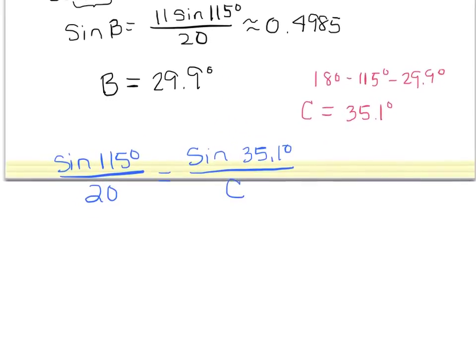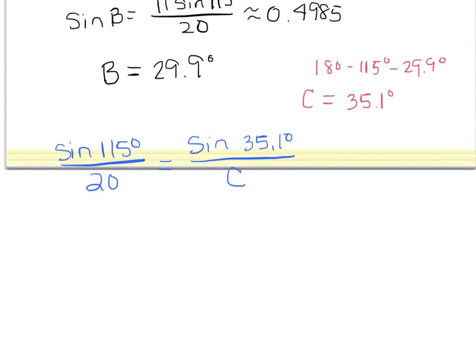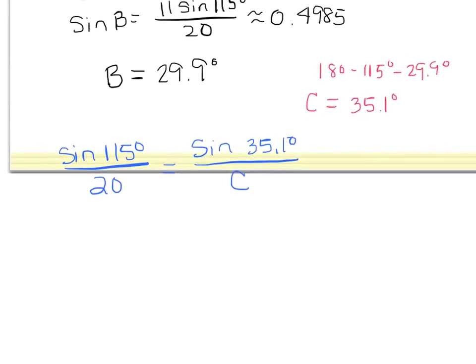So if we continue to solve this, then we have C times the sine of 115 degrees is equal to 20 times the sine of 35.1 degrees.